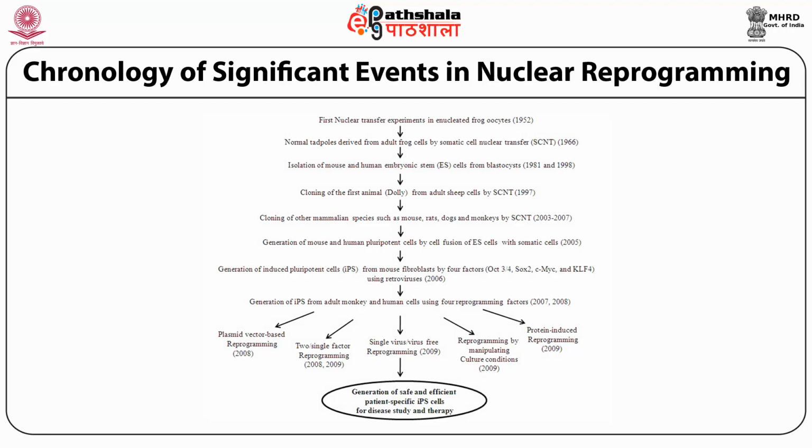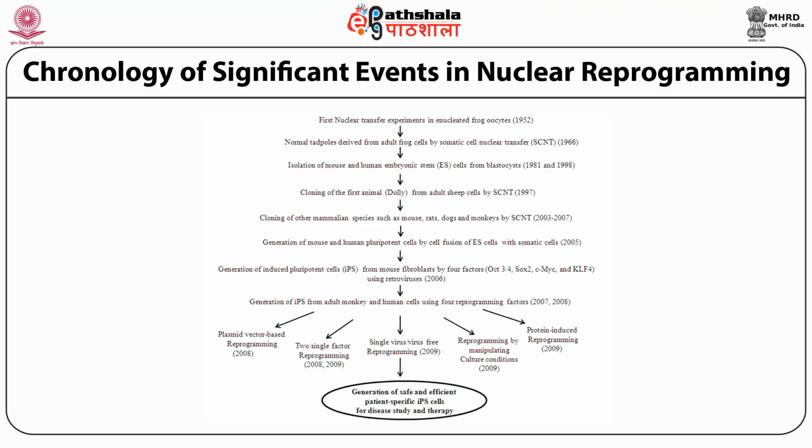If we look at the chronology of events in nuclear reprogramming research, the first experiments, carried out in frog oocytes, took place in the 1950s. After that, the experiments of Gurdon were in the 1960s, and more advancement came after the isolation of mouse and human embryonic stem cells from the blastocyst stage in 1981 and 1998.